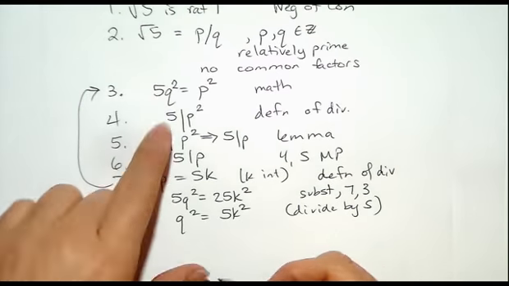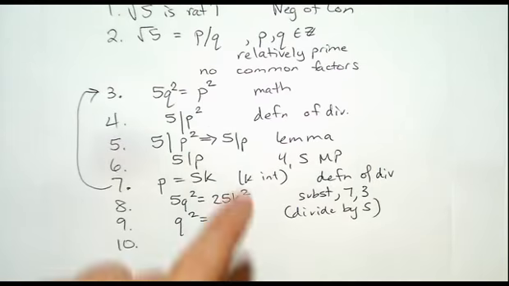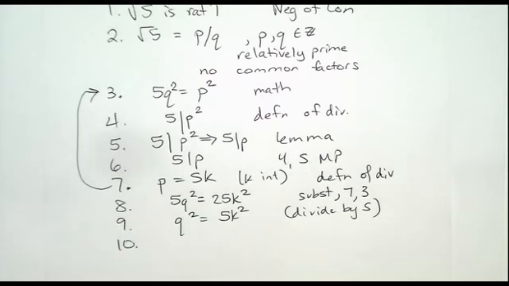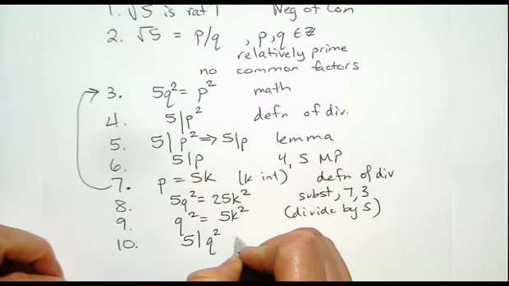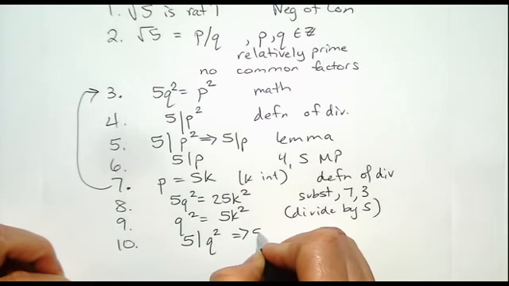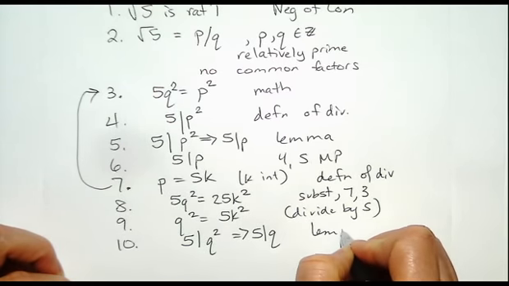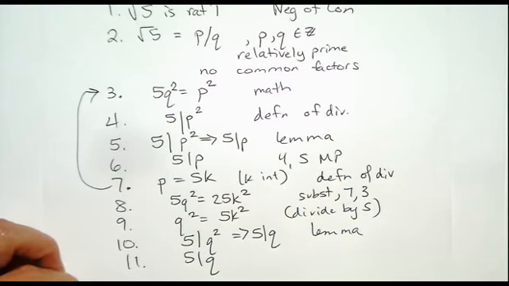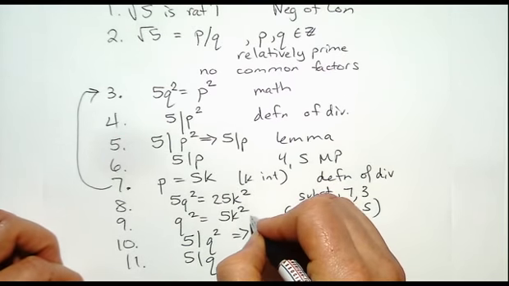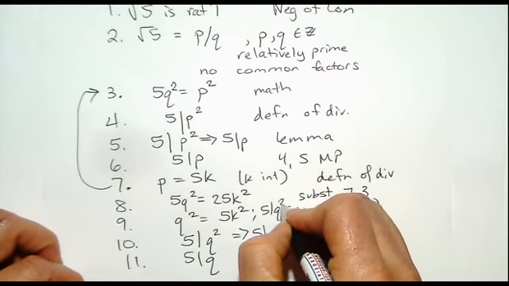But now I have an equation that looks a heck of a lot like equation 3, so therefore I can also, just from this, figure out that 5 divides Q, right? Because the same lemma that works for P will work for Q because P and Q are just variables. Well, I forgot to write 5 divides Q squared.